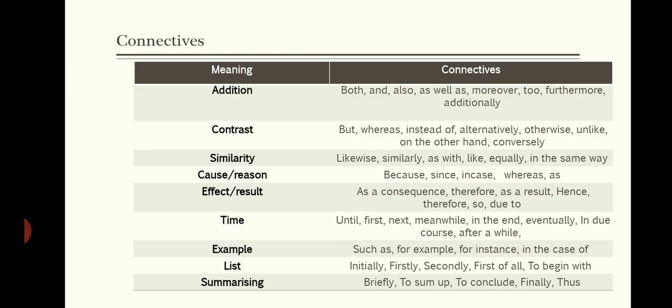Example, a film is good for both young and old. So you are talking about two kinds of people. That is why you have used the connective both there. In the same sentence, I have used the connective and also to connect two people, two types of people. Then you have the word also to show in addition to, similarly as well as.